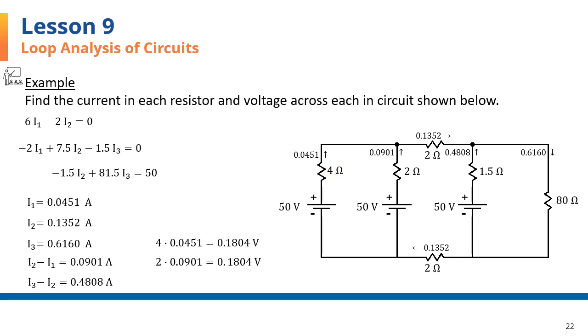Voltage across this 2 ohm resistor is 2 times the current here, and that's the answer there. Voltage across the top and bottom 2 ohm resistors is 2 times the current through each, and they come to 0.2704, although their polarity would be opposite each other.